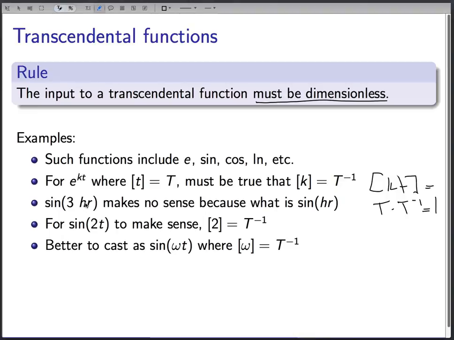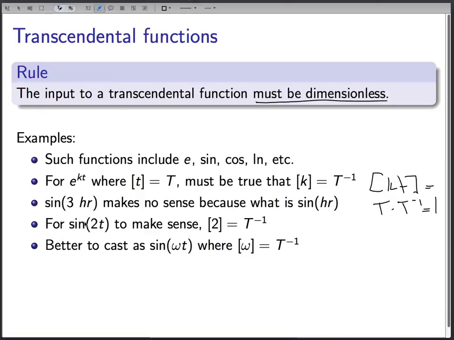Sine of 3 hours, here's another example. This makes no sense, right? You can take the sine of 3, but what is the sine of hours? It doesn't mean anything, you can't do that. And you'll often encounter in math texts examples or expressions like sine of 2t. And in order for this to make sense, if t represents time, then the quantity 2 must carry dimensions of time to the negative 1, right, per time.